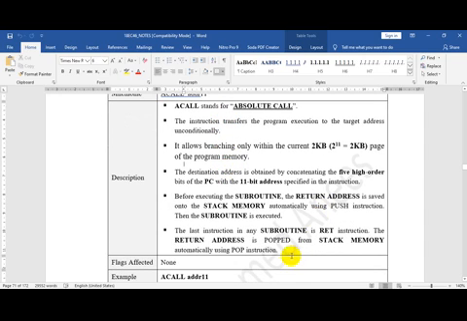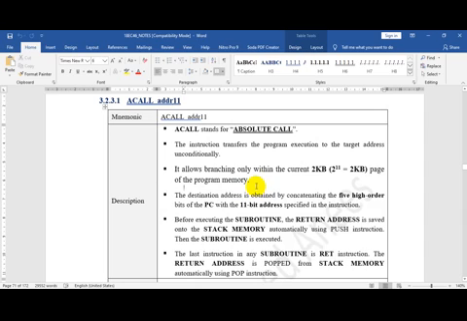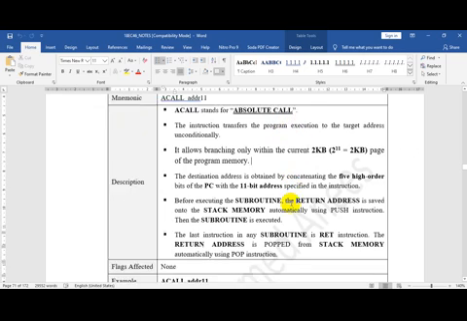The same thing has been written. But in case of absolute call, the branching is allowed within a 2 KB range, and the addressing mode of ACALL is absolute addressing.